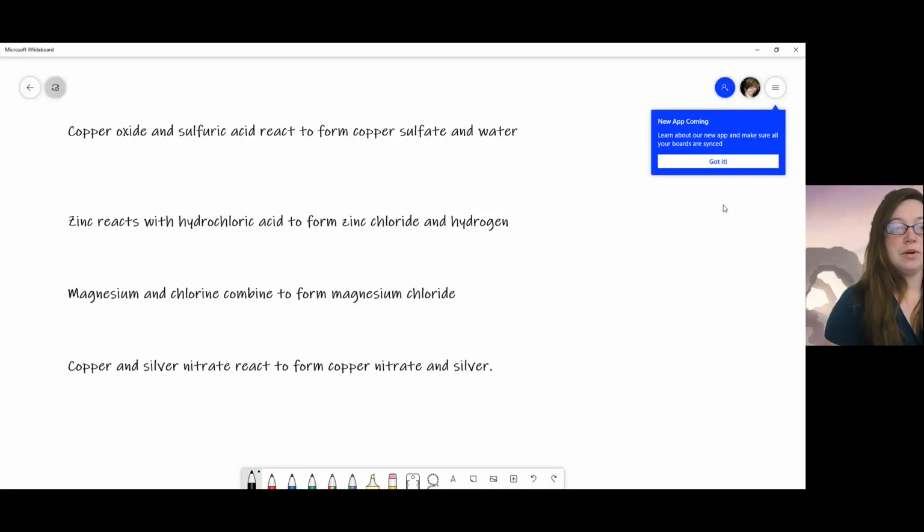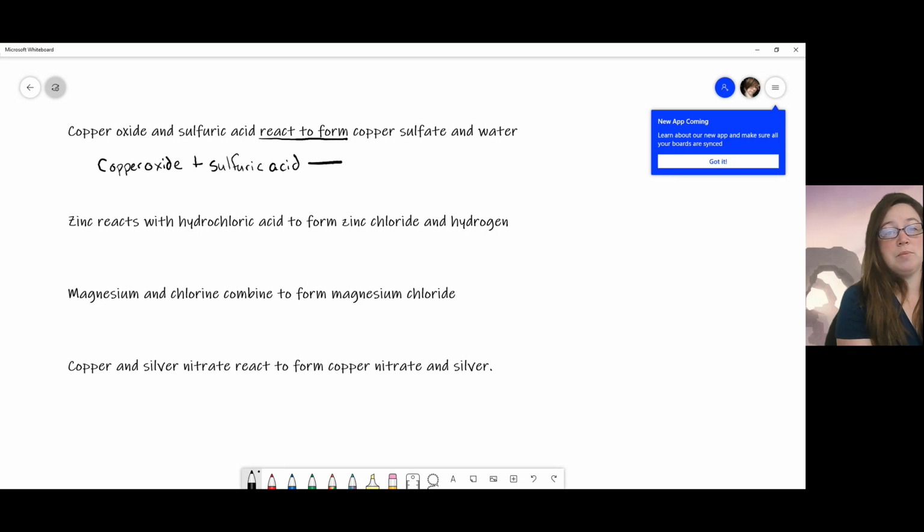Okay, now what we're going to do is look at this word problem and turn it into a word equation. The big difference between a word problem and a word equation is that a word equation uses symbols to represent some of the words. So here we have copper oxide and sulfuric acid, and it says react to form.